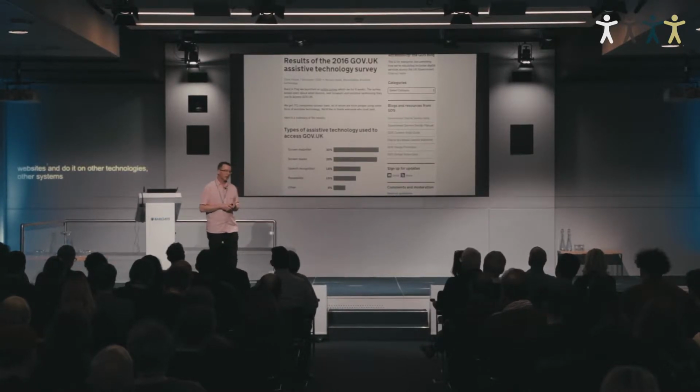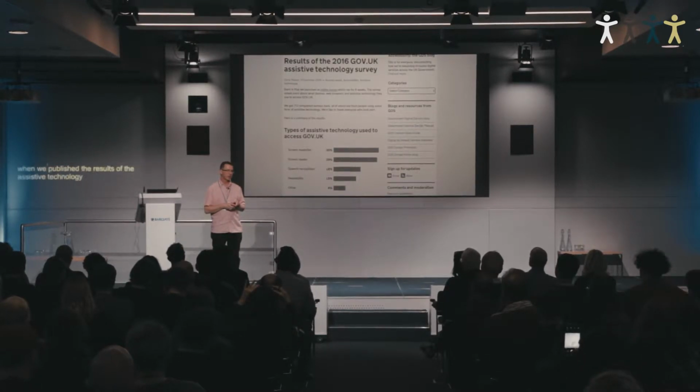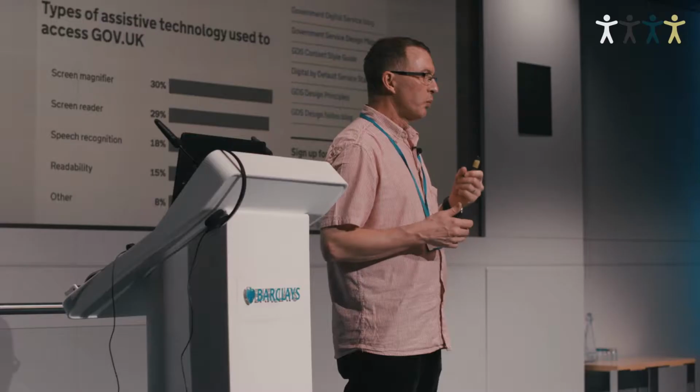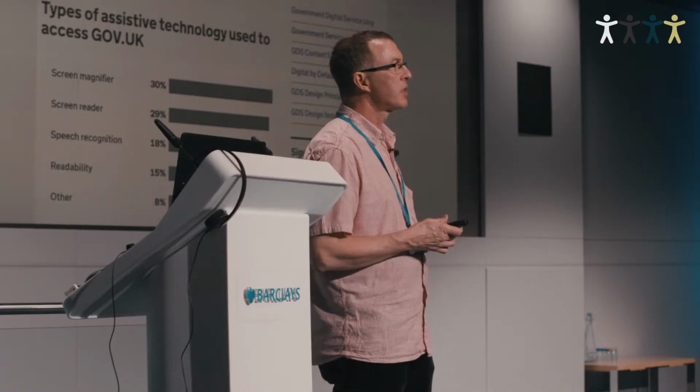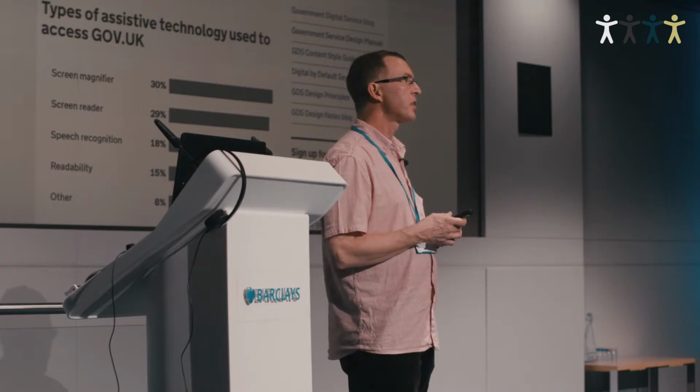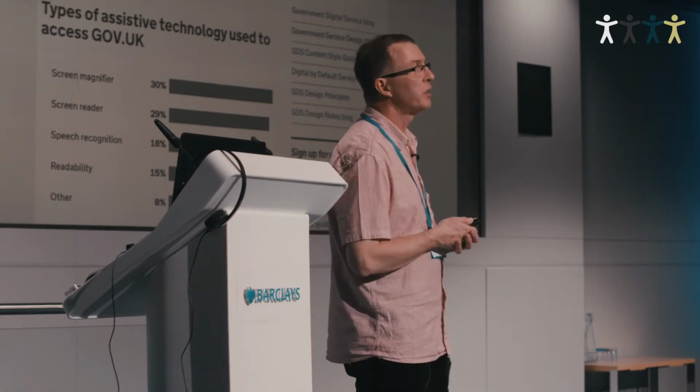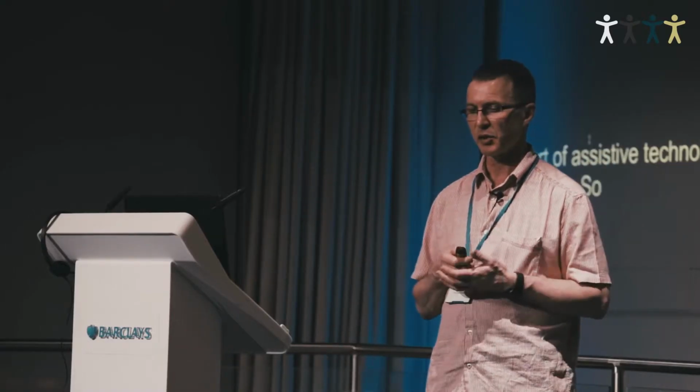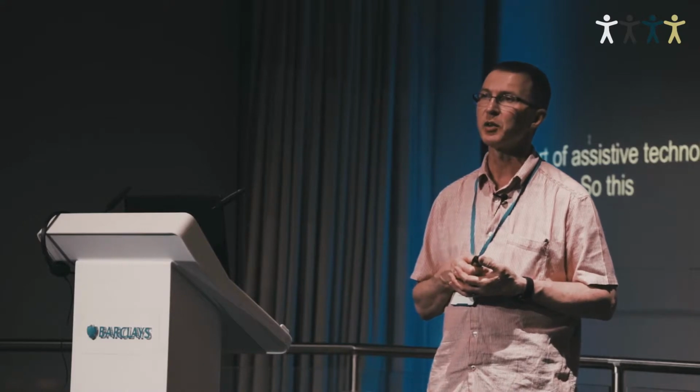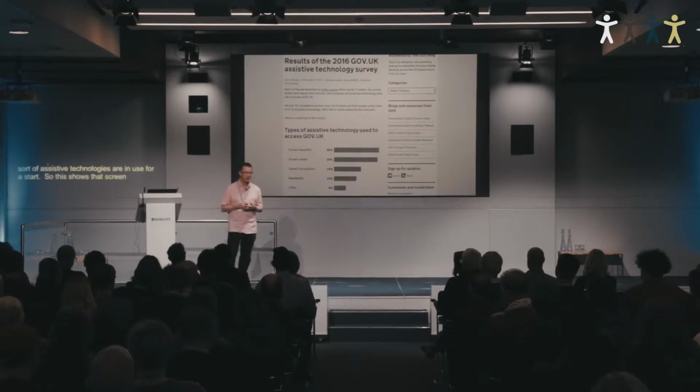It's about a year and a half ago now when we published the results of the Assistive Technology survey at GDS, and that was used to help us determine what was the best way of testing software. So which sort of assistive technologies are in use for a start. So this shows that screen magnifiers and screen readers are the most popular assistive technologies, which is exactly what we expected.